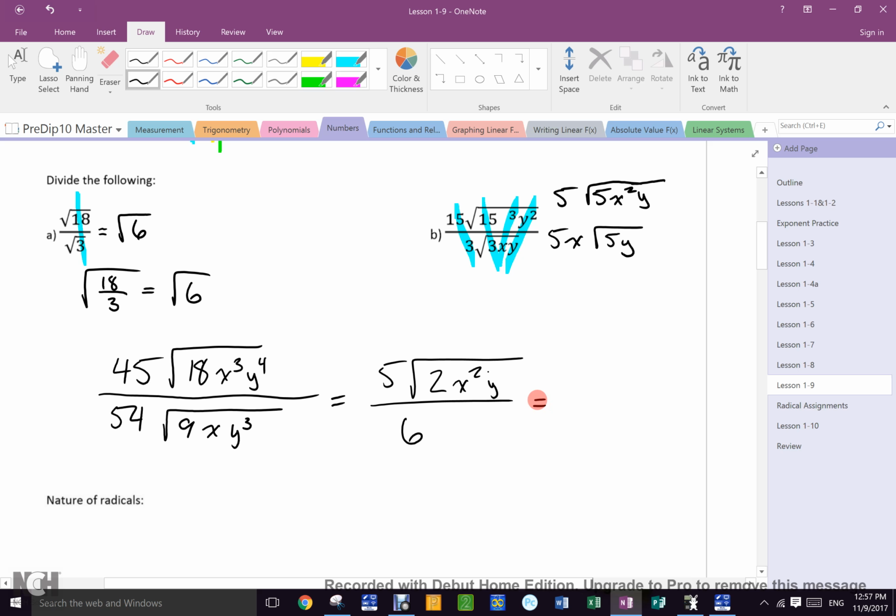Okay, then what? Then you simplify. 5x root 2y over 6. Easy peasy lemon squeezy. Exactly what you would have expected. You simplify the fraction just like you would a normal fraction. Simplify the radicals just like you would a normal radical.